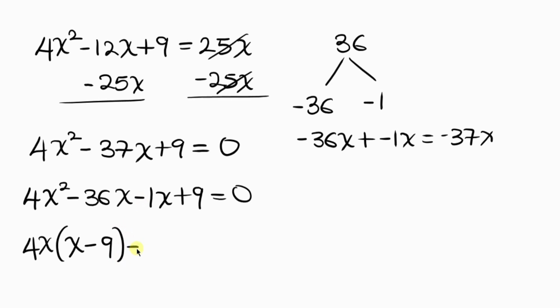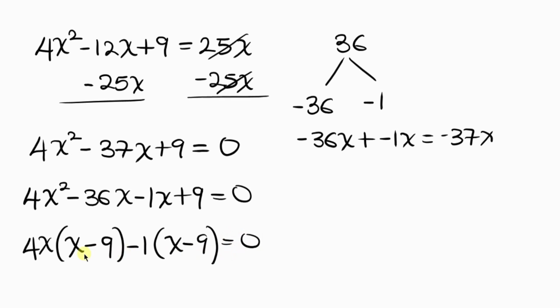Minus, now 1 is common on this other side. So let me write 1 here, and open bracket. Negative 1x divided by negative 1, I have x. And then 9 divided by negative 1, I'm going to have negative 9. And this is equal to 0.